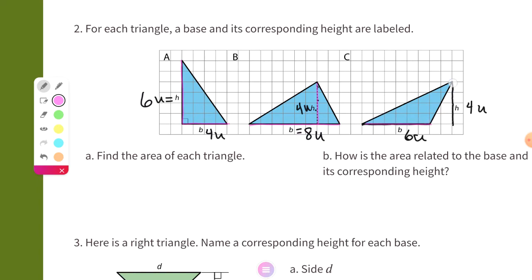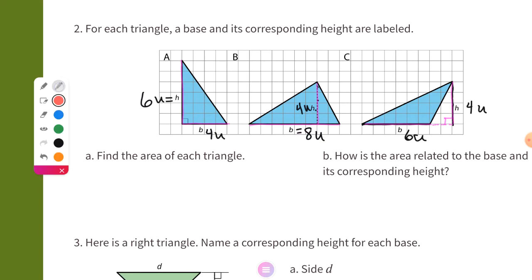Base, here's my height. If I draw it like that, I don't quite see it. Why not? I kind of have to imagine, and this is where the dotted line comes in. If I dot that on out, now do I see a right angle? Yes. Okay, so those are the ones that trick people.